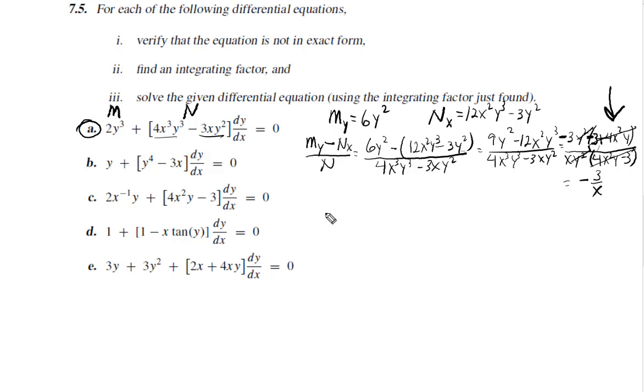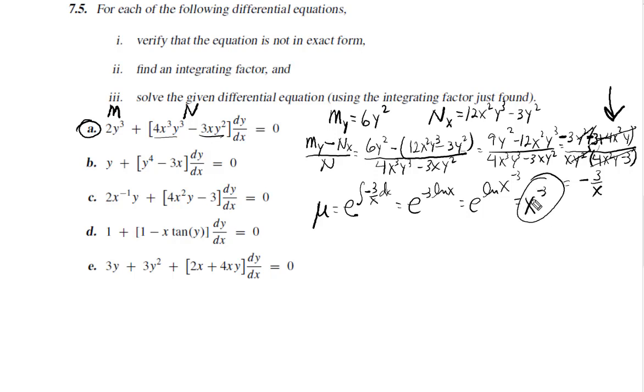Therefore, we can do our integrating factor, which would be e to the integral of -3 over x. The integral of -3 over x would come out to be a -3 ln of x, which is the same as the ln of x to the -3, and e to the ln of x to the -3 just comes out to be x to the -3.